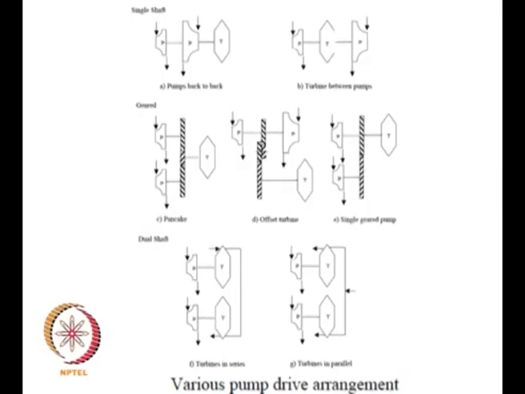So depending on what is the head rise that is required in the two pumps, you can work it out in this fashion. But whereas in this case the turbines are in parallel, okay, that is the flow coming in from the gas generator is fed to both the turbines, okay.